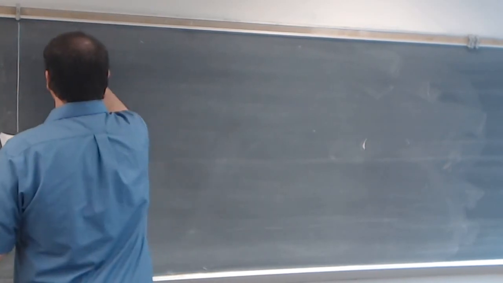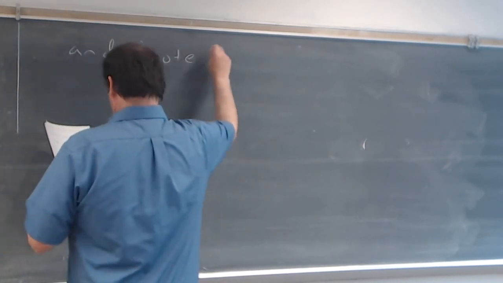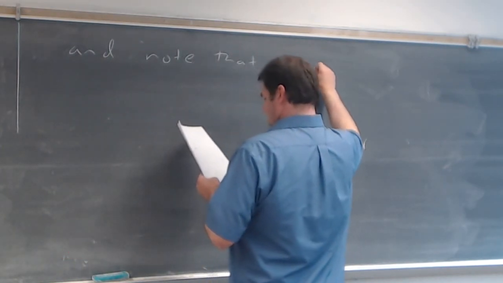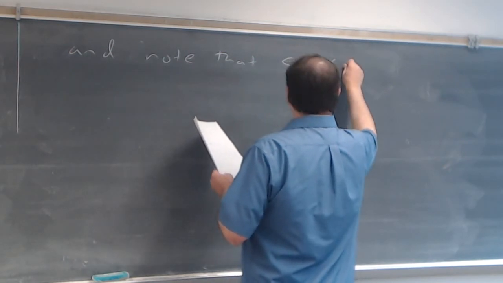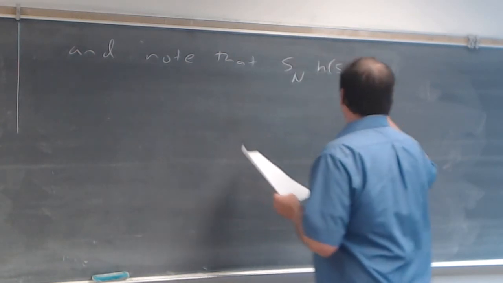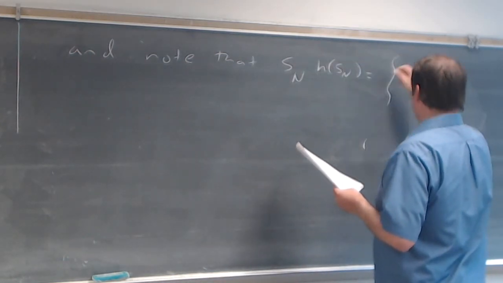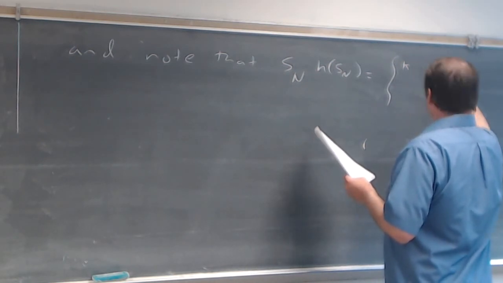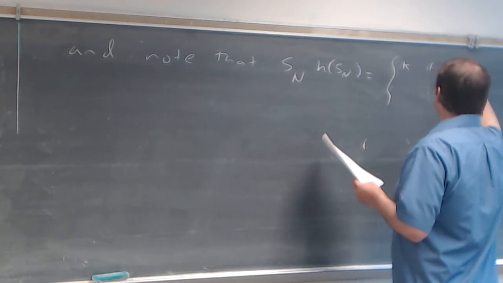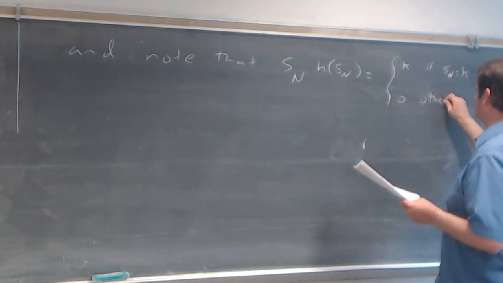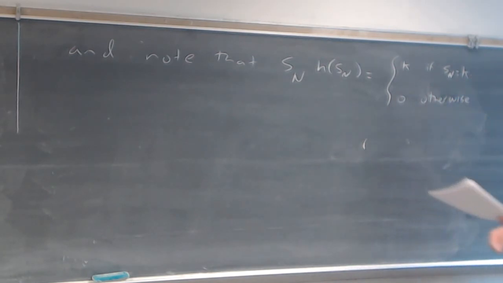Okay, so what do we notice about this? We note that S of n times h of S of n is going to be equal to k if S of n equals k, and it's going to be 0 otherwise. So that's what that quantity is.